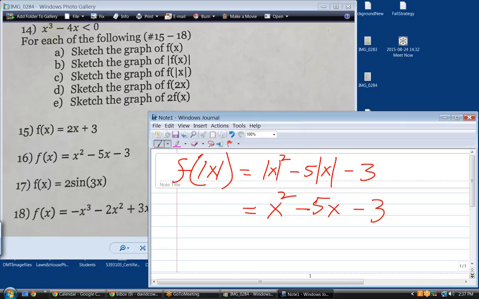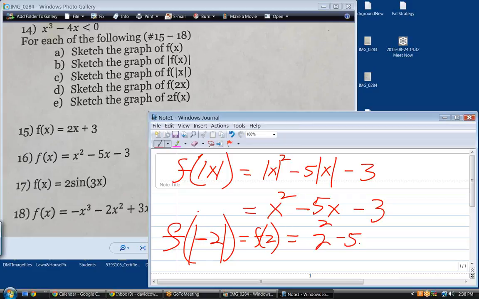Okay. If x were positive, let's look at that for a second. Let's say what f of the absolute value of minus 2 would be. Well, that's the same as f of 2, which is the same as 2 squared minus 5x minus 3.